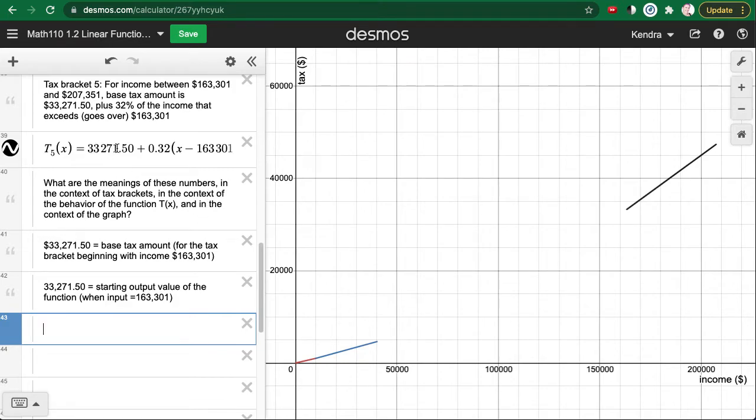And then that gives us meaning for two of the numbers in here: the 33,271 and the 163,301. So what about the meaning of that 0.32? Well, that is the income tax rate.